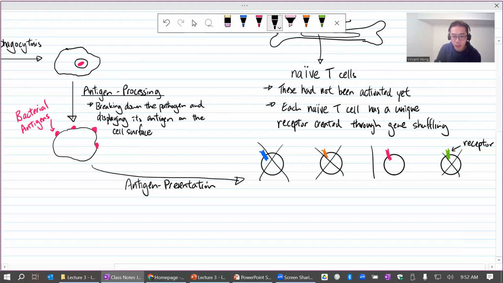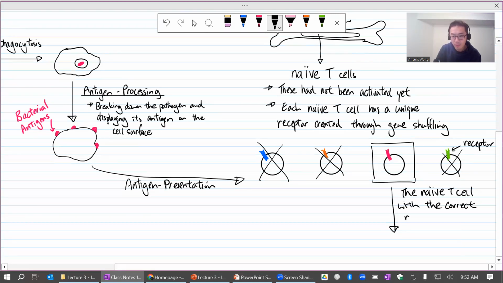Okay, so this one is gonna be the chosen one. The naive T cell with the correct receptor will be chosen, will be activated. It is the one.